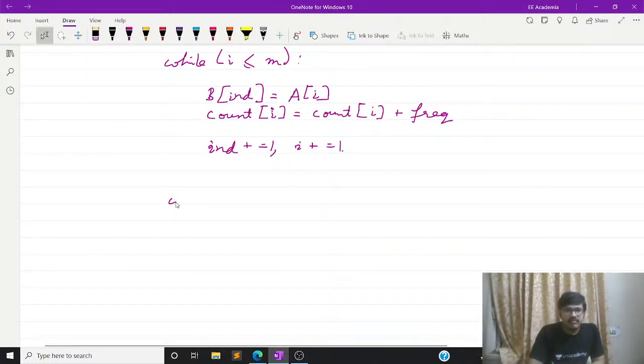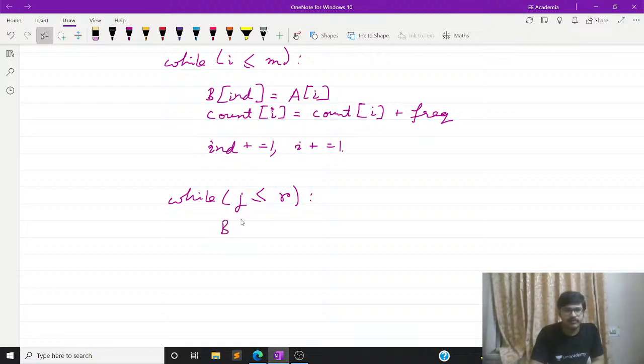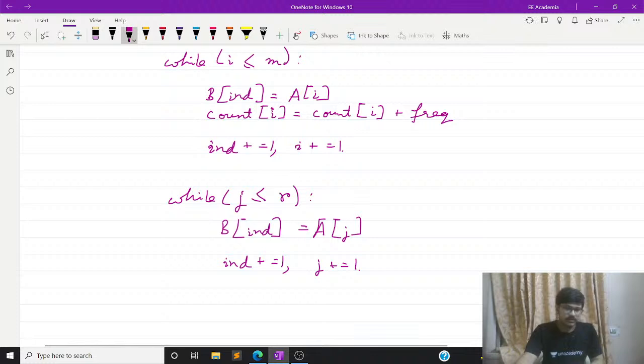Also for the right half, standard merge procedure, while j is less than or equal to r: b of ind equals a of j, and ind plus equals 1, j plus equals 1.